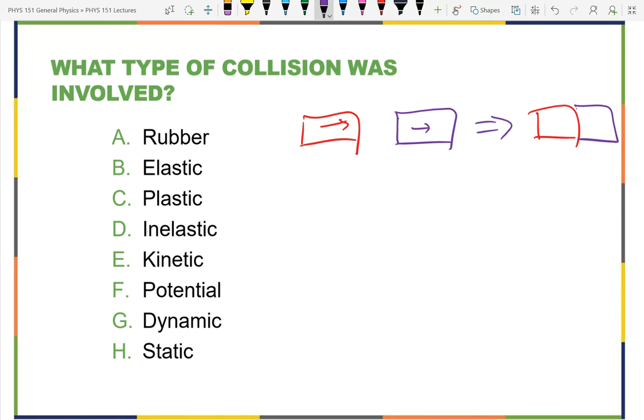What type of collision was that? And of course, the person I'm going to call on is going to have to describe what that collision type means.